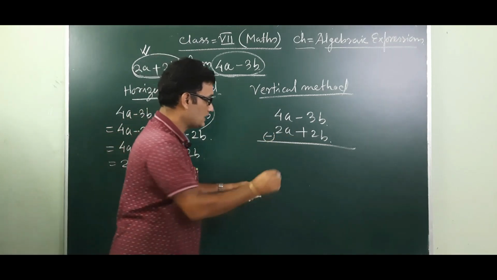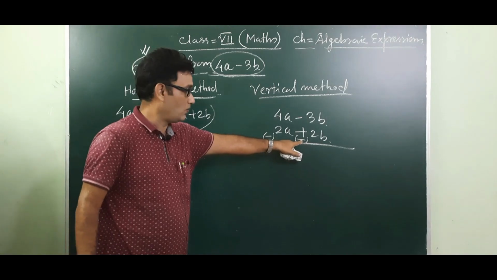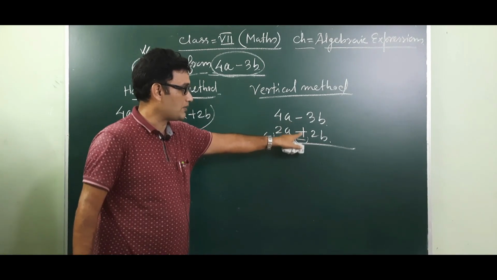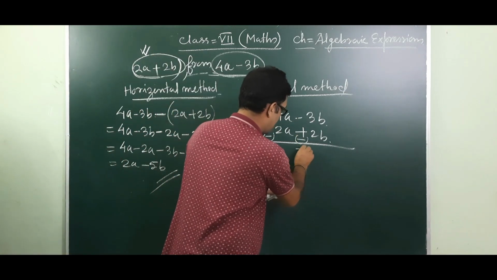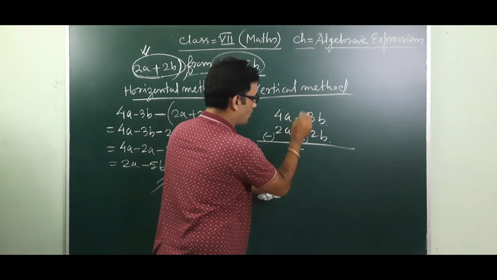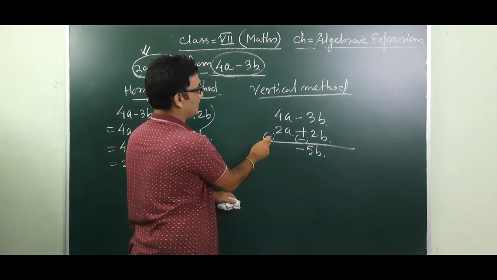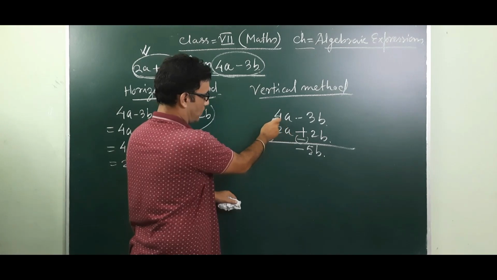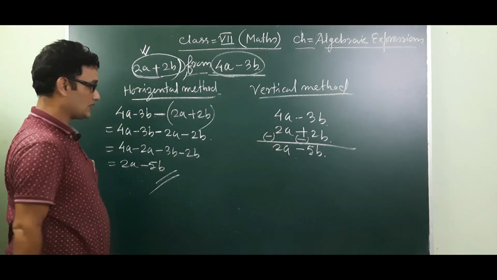Here what sign? Plus. You have to write minus here. Then you have to consider this sign. Now minus and minus: minus into minus plus. But minus will remain here. 2 plus 3, how much? 5, 5b. Now here minus, here plus. Plus into minus, minus. 4 minus 2 means 2a. Now it's the same thing, the same answer is coming.